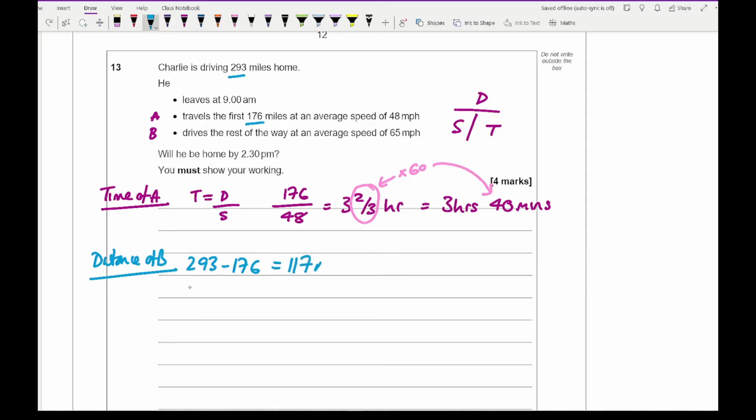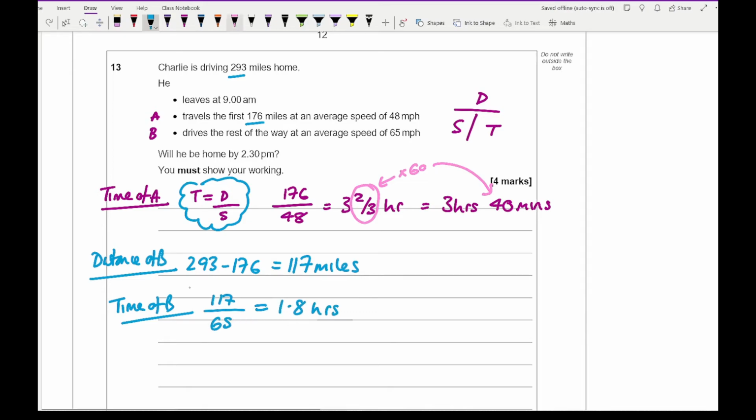So it's 117 miles. So then to work out the time of B, I use the same formula of distance divided by speed. So it's 117 divided by 65. And that gives me 1.8 hours.